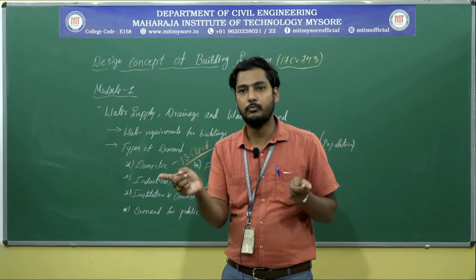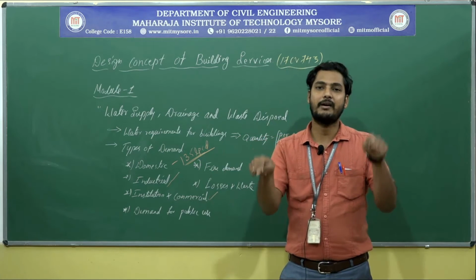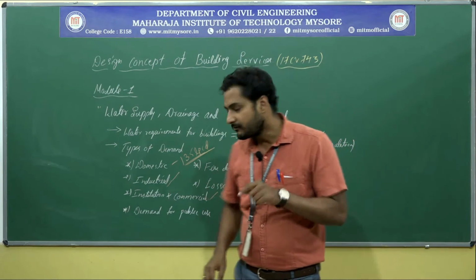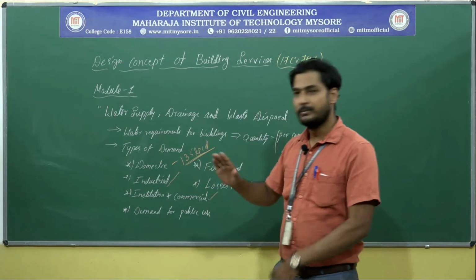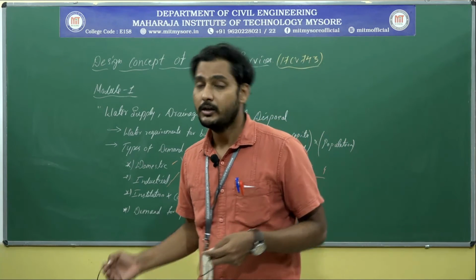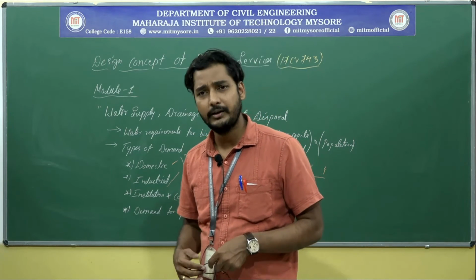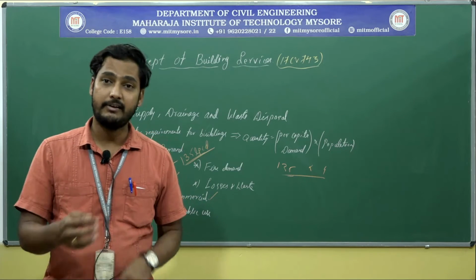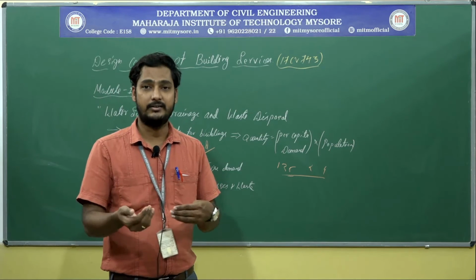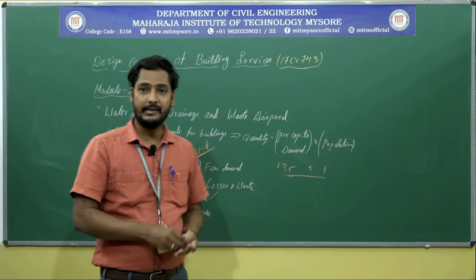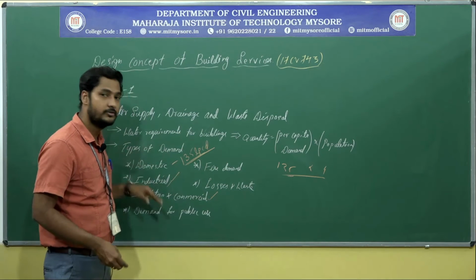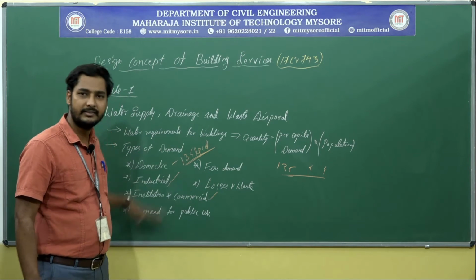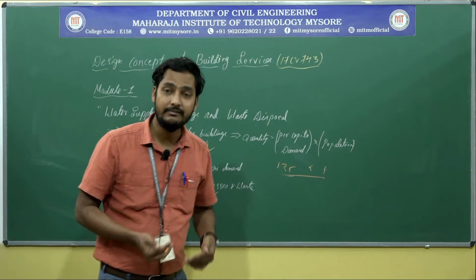Water requirement is there for both buildings; the quantity may vary, but the concept remains the same. That's why institutional and commercial requirements play a major role in water requirement calculations, because finally we are going to add the requirement of all the parameters: domestic, industries, institutes, public use, fire, losses, everything we need to add together, and finally arrive at the total.